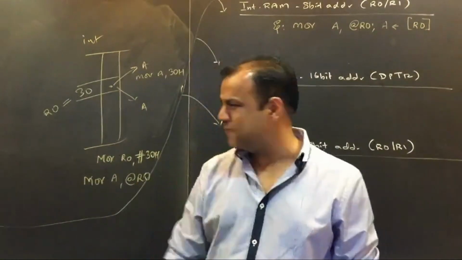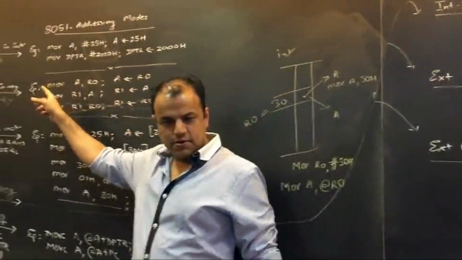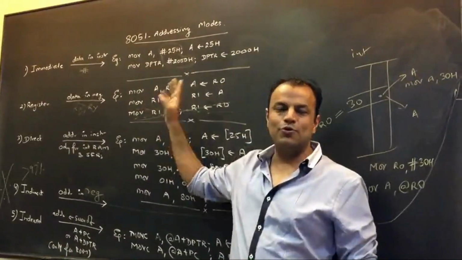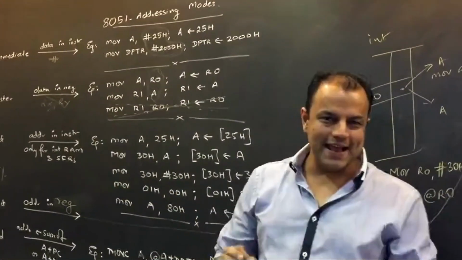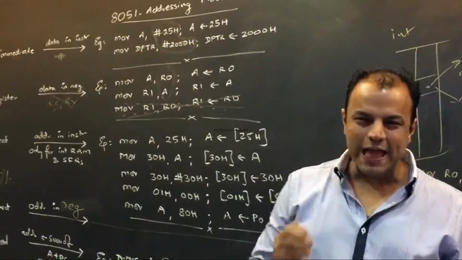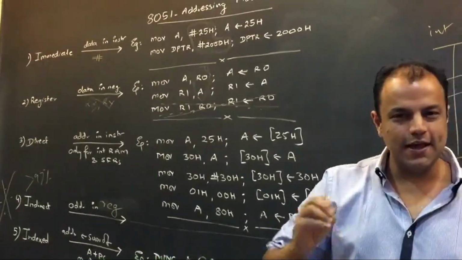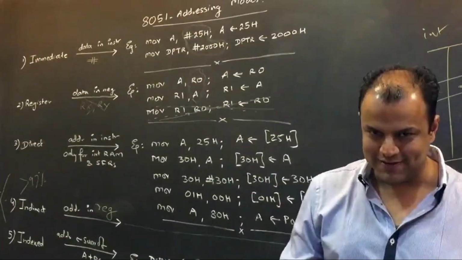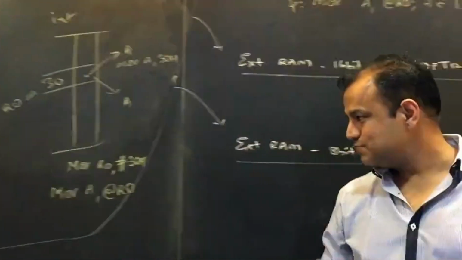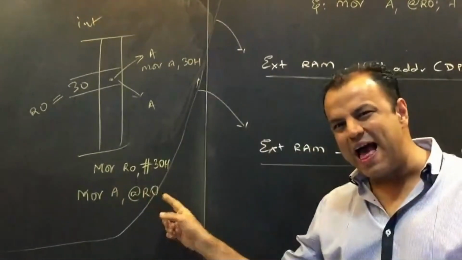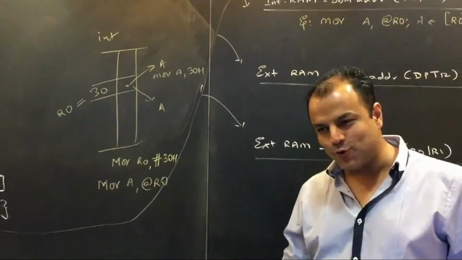There's no problem. Look here. MOV A, R0. Who gets what? A gets the value of R0. If R0 is 30, A will get 30. Did you understand this? Now, MOV A, @R0. Who gets what?